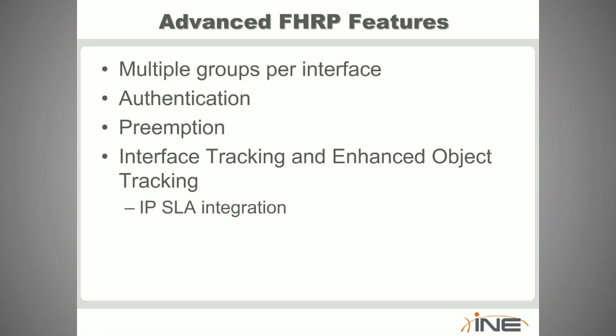With HSRP and VRRP, it's pretty cut and dry because there's only one person who can forward at a time. But with GLBP, it can get much more complicated, where you say maybe I have 3 gigabit links in an EtherChannel together. So I have a single pipe that is the equivalent of 3 gigabits per second.